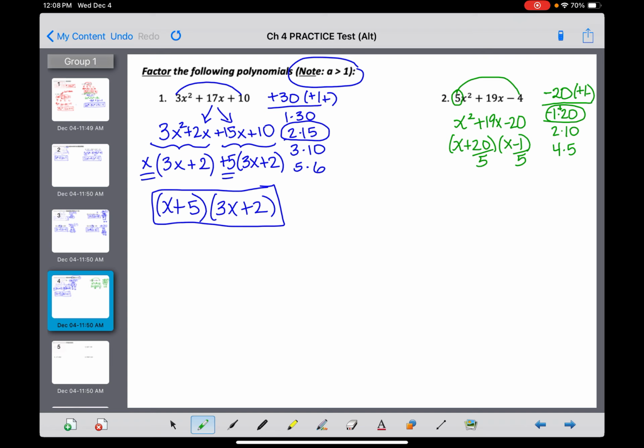In the first binomial, 20 divided by 5 is 4, so that becomes x plus 4. In the second binomial, I cannot reduce 1 over 5, and I can't divide that into a whole number, so then that 5 swings up and becomes a coefficient of the x. So 5x minus 1 is my second binomial. So you should have the same answer as I do regardless of method.